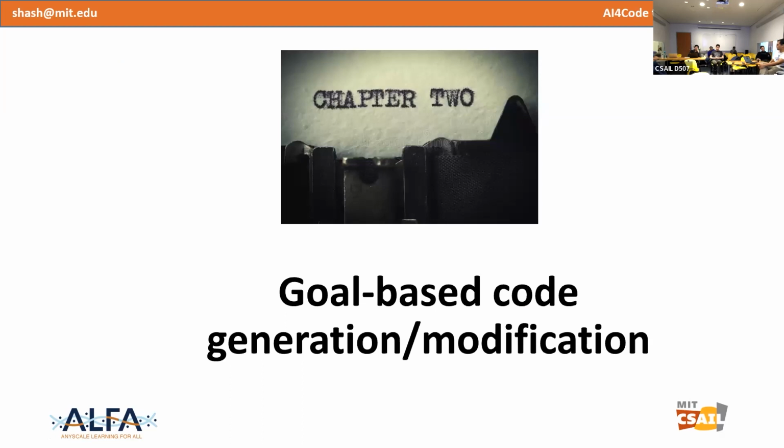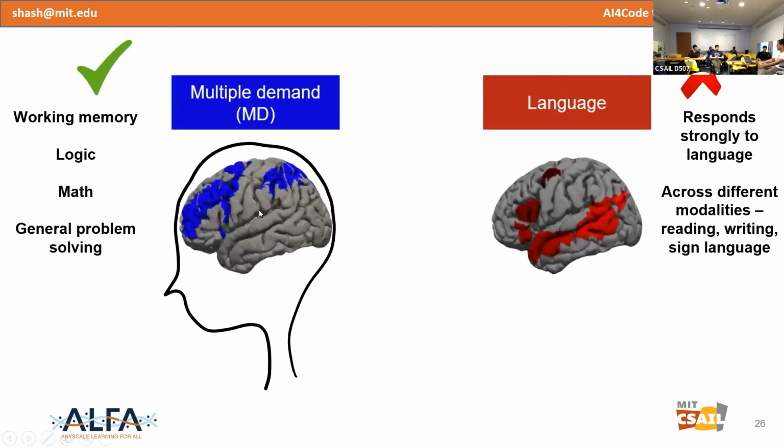Let's switch gears to understanding this perspective of goal-based generation and code modification. Tying this back to the topic of this talk, the reason goal-based is important here is that we'll finally come to the part, and the exercise relates to it, where we try to understand the best way to modify or generate code which drives the activation in the multiple demand system.